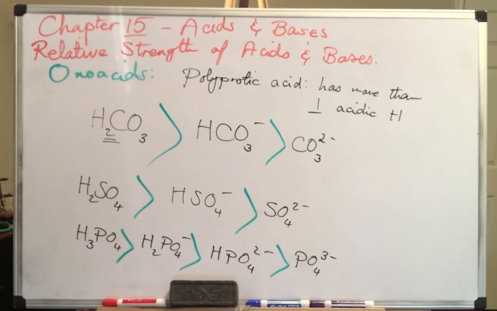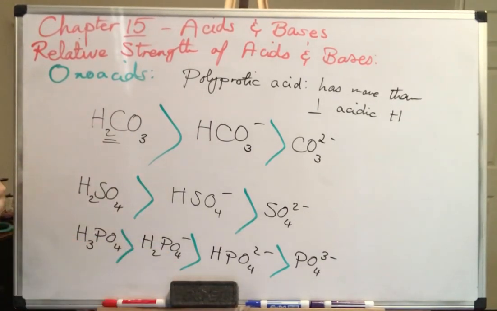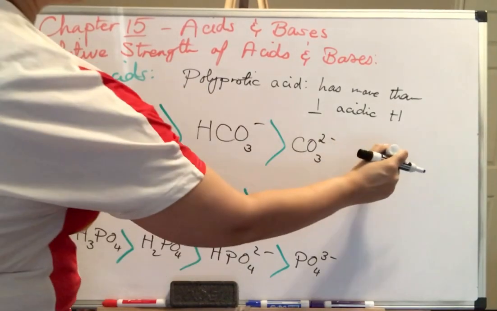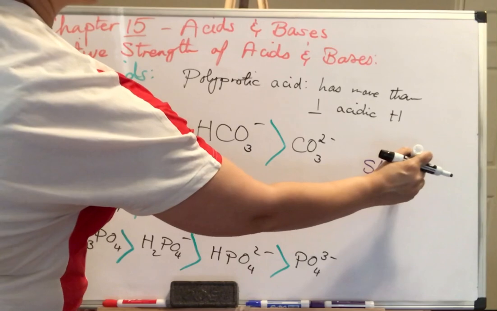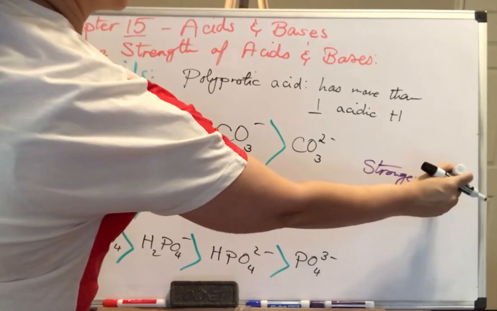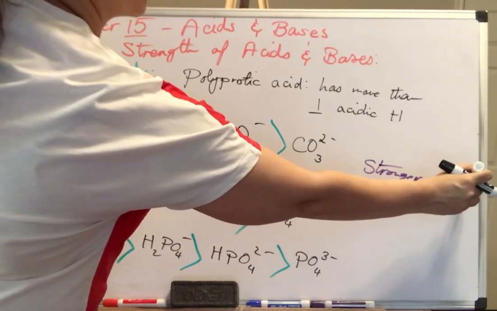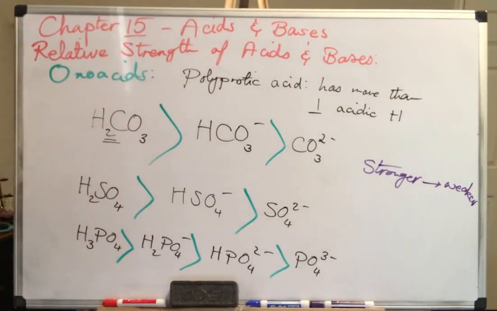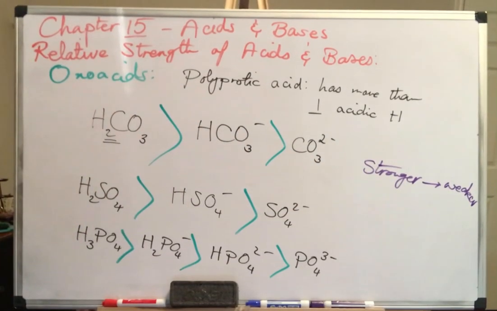So whenever we want to determine the direction of the reaction, it always goes from the stronger towards the weaker: stronger acids to weaker acids, or stronger bases to weaker bases.